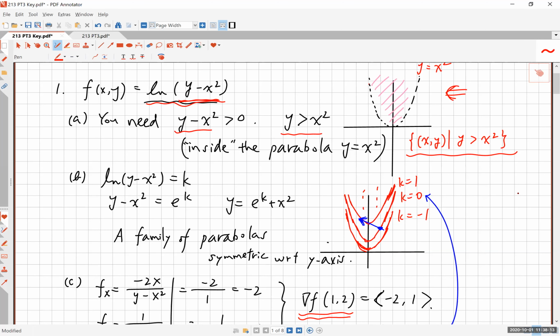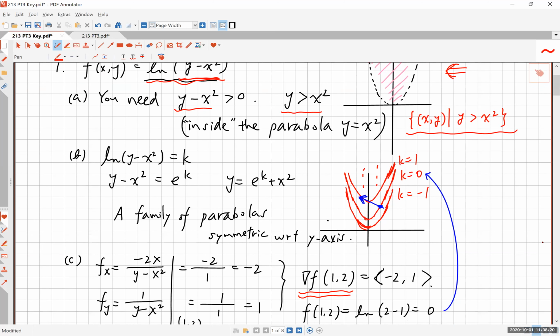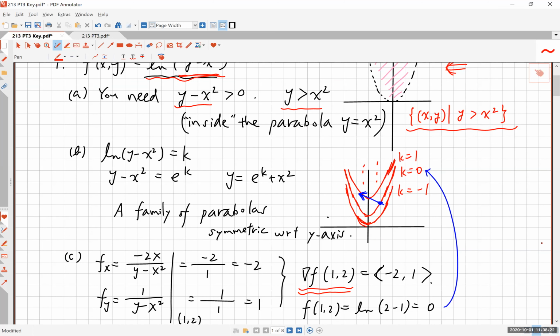All right, number 2, part B, describe the level curves. And when I just say the level curves, just sketch a few, maybe 2 or 3, probably 3 would be a good number. And so you set the function equal to k, being some constant, okay?